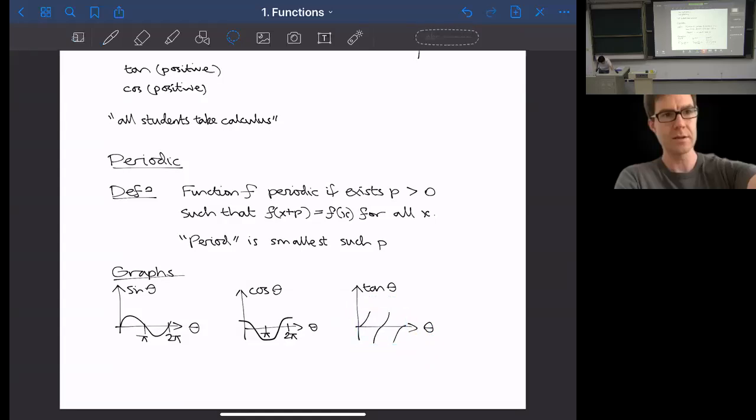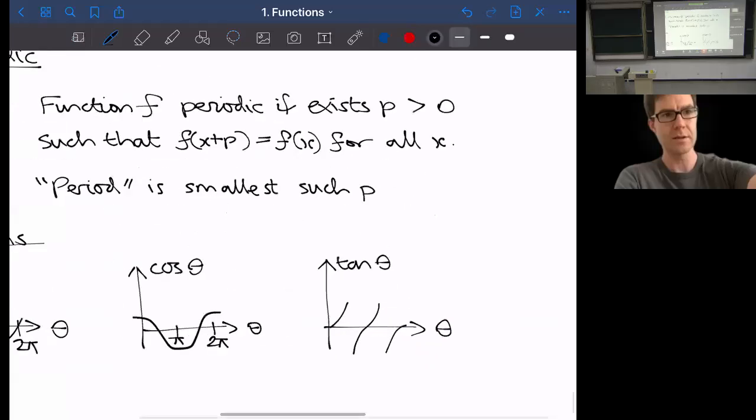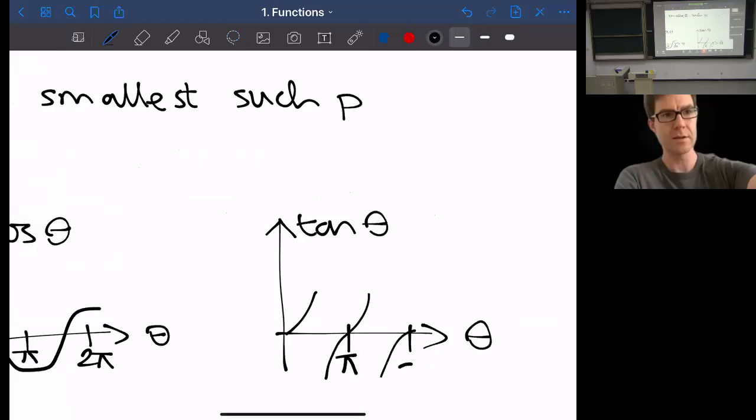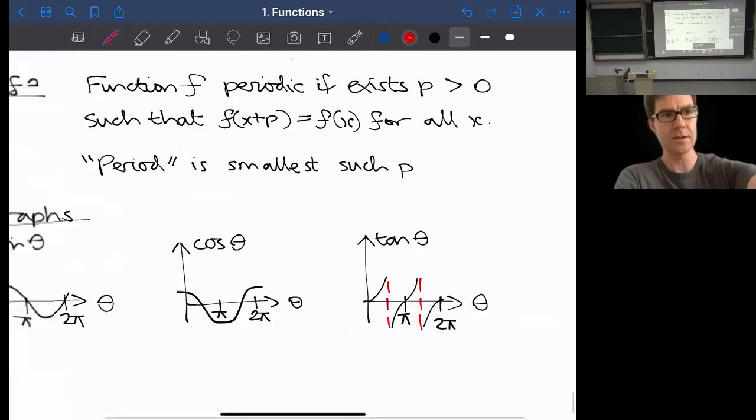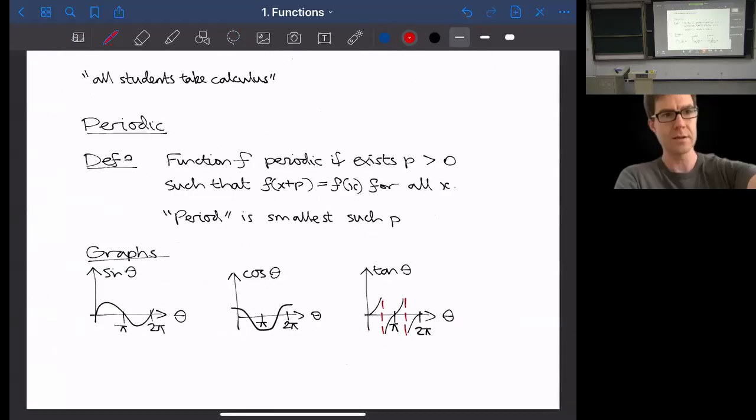Right. And I'm writing in pi and 2 pi. And these points where tan is not defined.